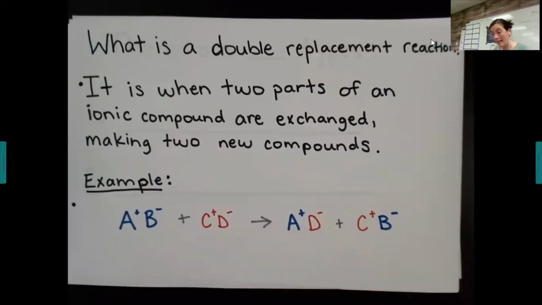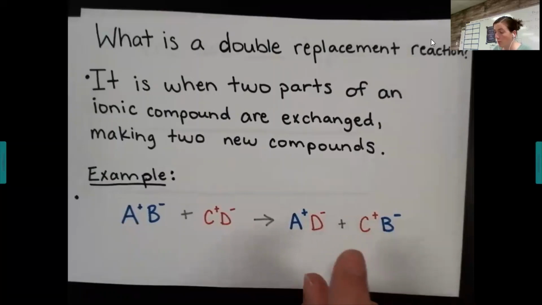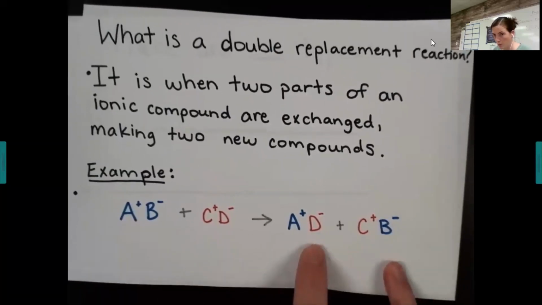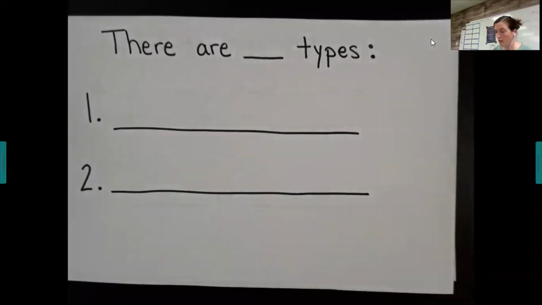So whenever these happen, the metals are joining with a different nonmetal, or the nonmetals are joining with a different metal, but you never have two metals together, and you never have two nonmetals together. So again, a double replacement reaction is when two compounds switch their partners, making two completely new compounds.